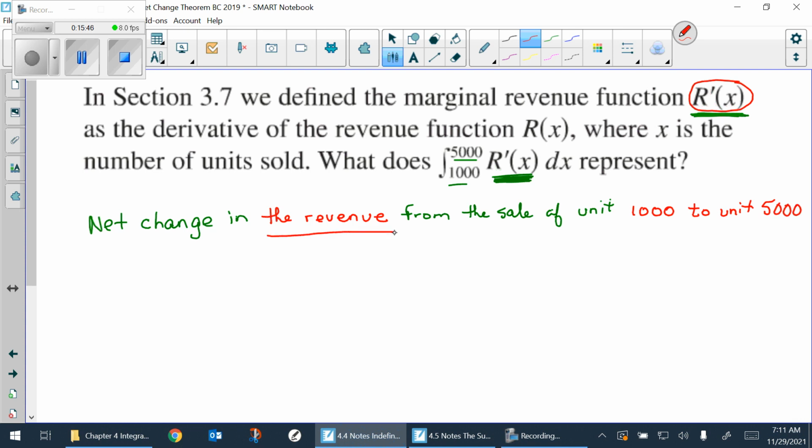So net change in the revenue, and we've got to be specific about when that change is occurring. What are the parameters of that change? When we sold 1,000 to the 5,000th unit. All right.